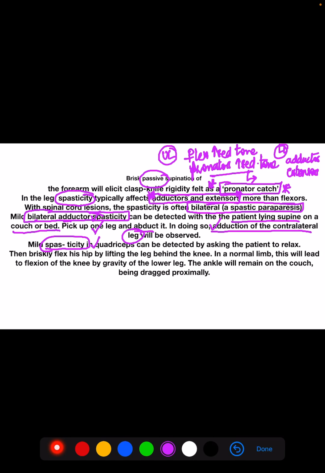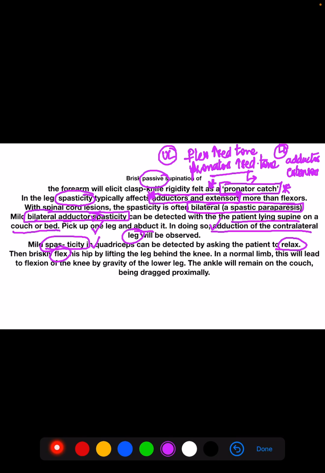This can be detected by asking the patient to relax. The patient will be simply lying supine and relaxing. Then we try to flex his hip. You put your hand behind the knee and try to lift the leg, flexing the hip.